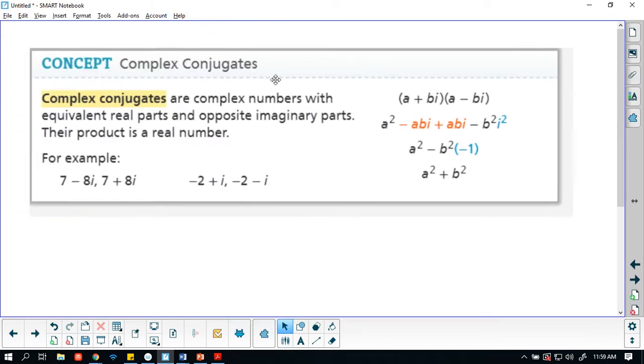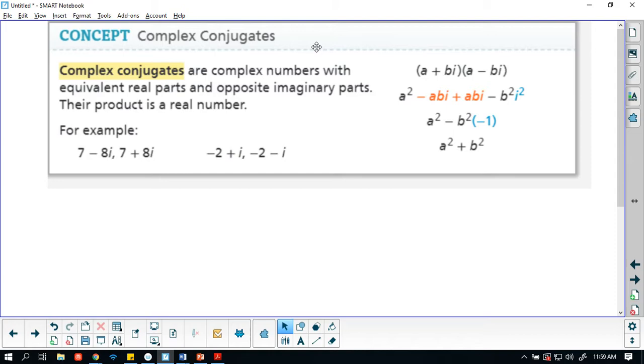All right, so a complex conjugate comes about when you need to basically rid your complex number of the imaginary components. So we will see this when we have to rationalize the denominator. Complex conjugates are based off of the idea of difference of squares.